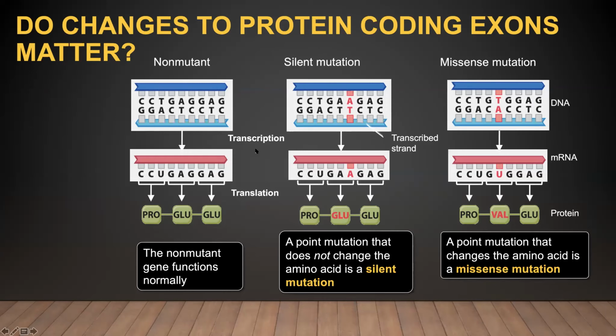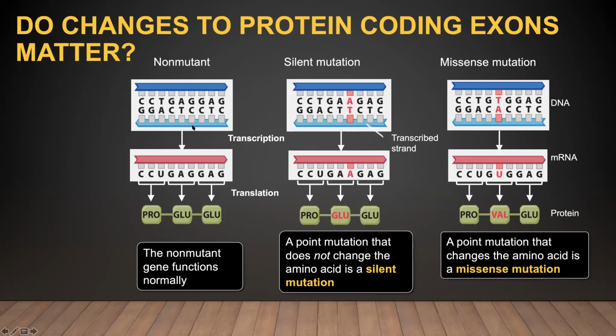The one here on the left is the normal non-mutant, sometimes referred to as the wild type gene. We have our DNA double strand here, and this would be our template strand.